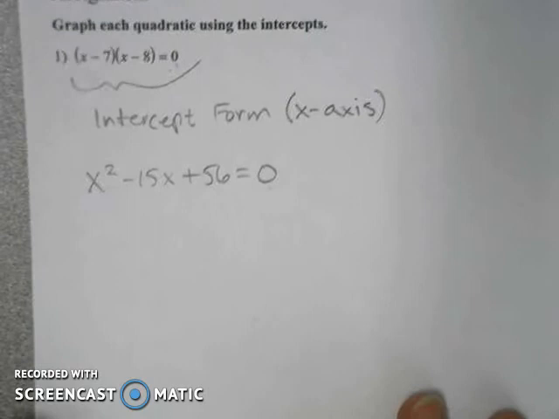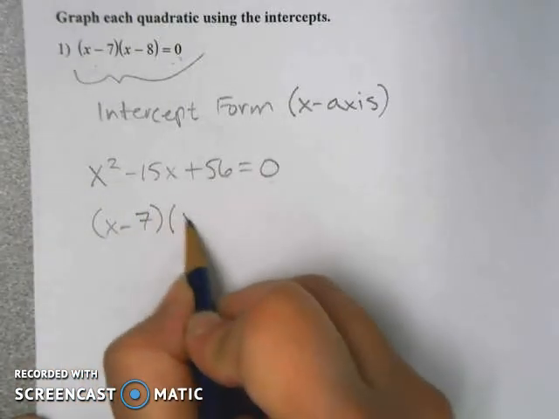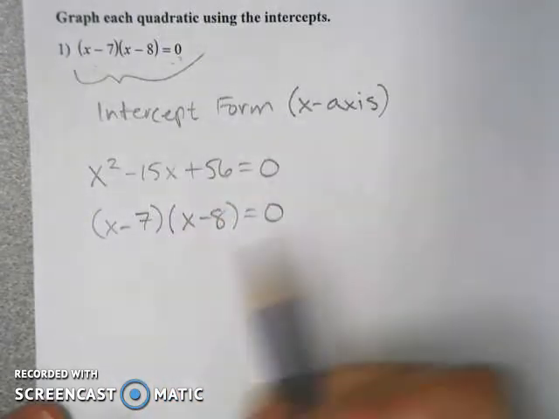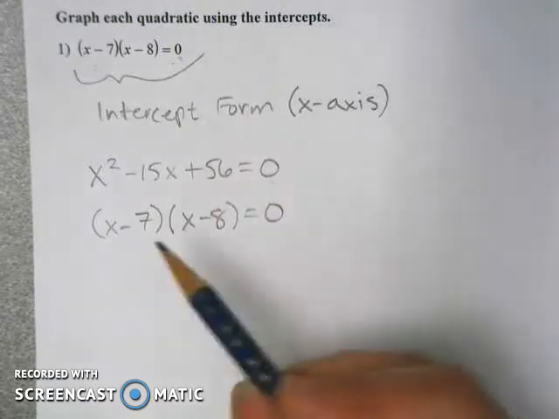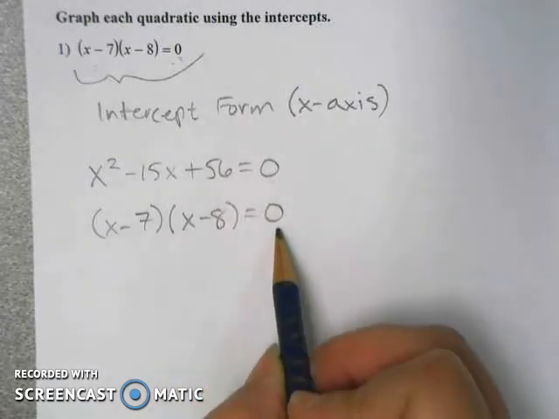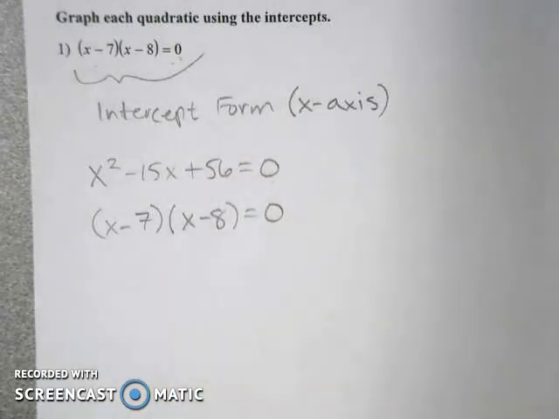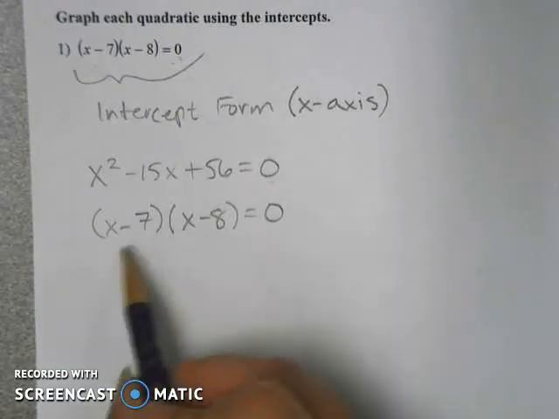All right, so we're going to put this back into its factored form, x minus 7 times the quantity x minus 8 equals 0. Now, you might remember the zero product property. It says that when you multiply something times something and the product is equal to 0, that means we have at least one factor of 0. In this case, both of these factors are going to equal 0.